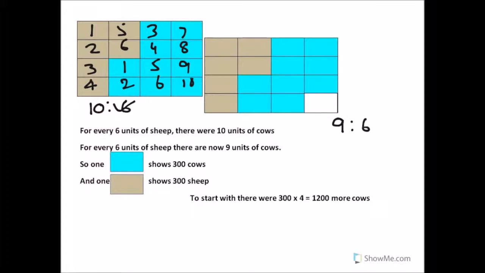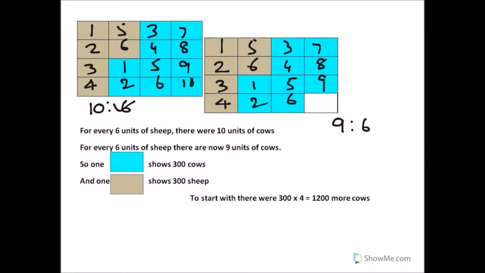So 1, 2, 3, 4, 5, 6 show the number of sheep in the farm, and 1, 2, 3, 4, 5, 6, 7, 8, 9, these 9 parts show the number of cows left in the farm.